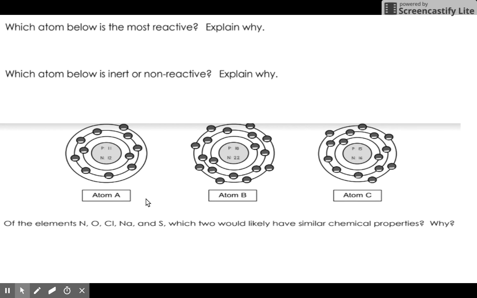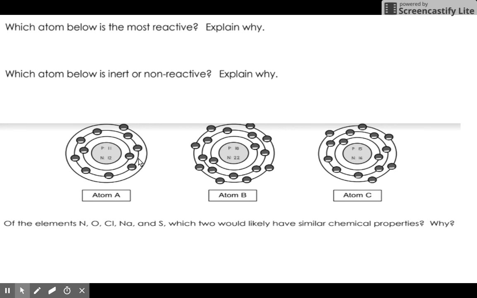Next part of this sheet. Which atom below is the most reactive? Explain why. So let's take a look at atom A. As we just talked about, in order to be the most reactive, the atom has to have the least amount of valence electrons.